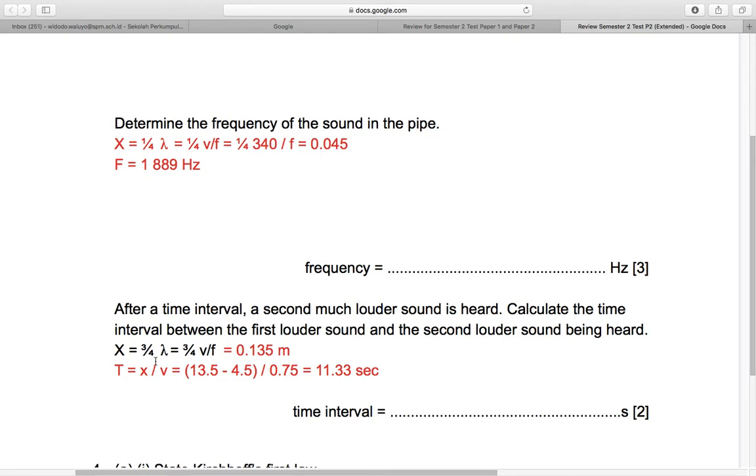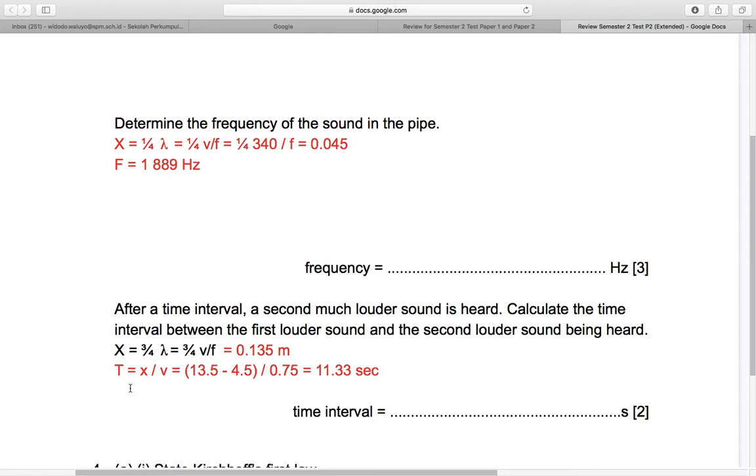So 0.135 we get from v as 340 meter per second and the first frequency 1889 hertz. So the second distance x is 0.135 meter, or 13.5 centimeter.